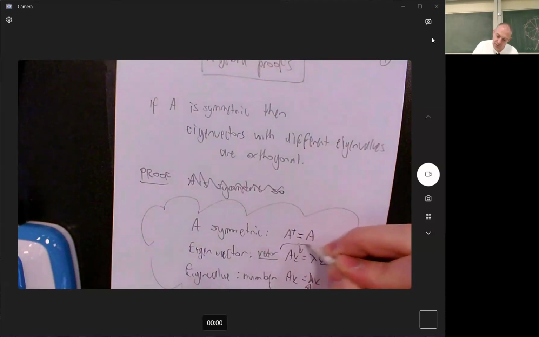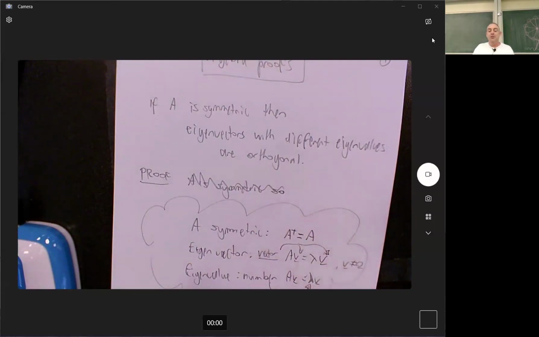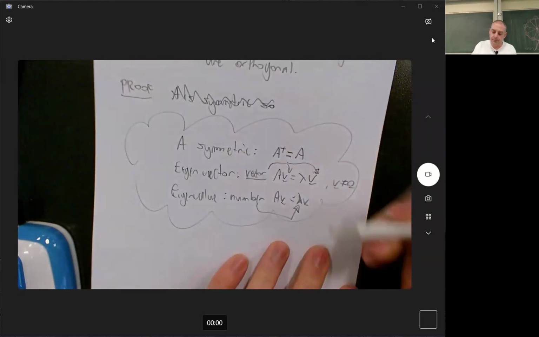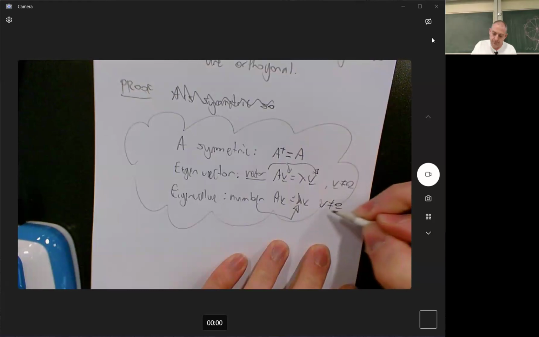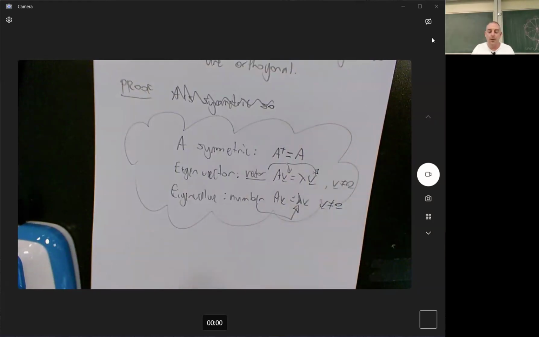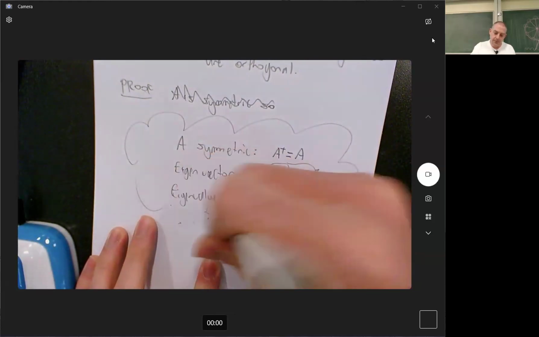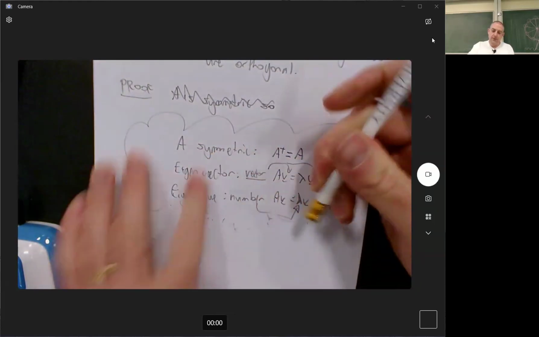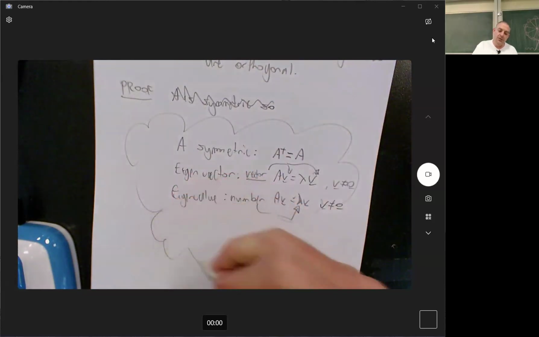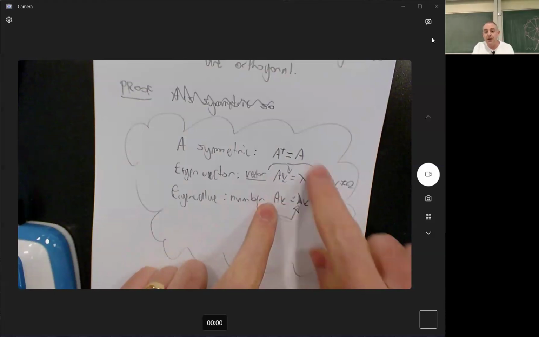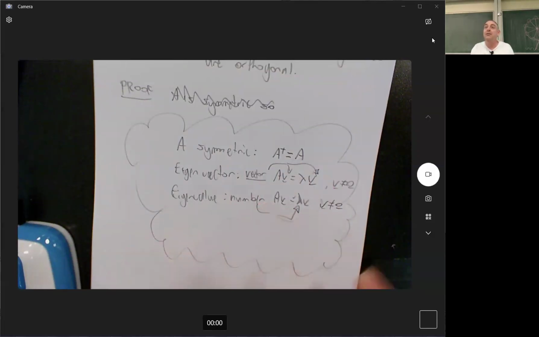The vector in these two positions, that's an eigenvector. So the definition of eigenvalue is a number lambda so that AV is lambda V for some V. Okay. So a good thing to know if you're going to do proofs, this is the most useful piece of information about eigenvectors and eigenvalues: AV is lambda V.